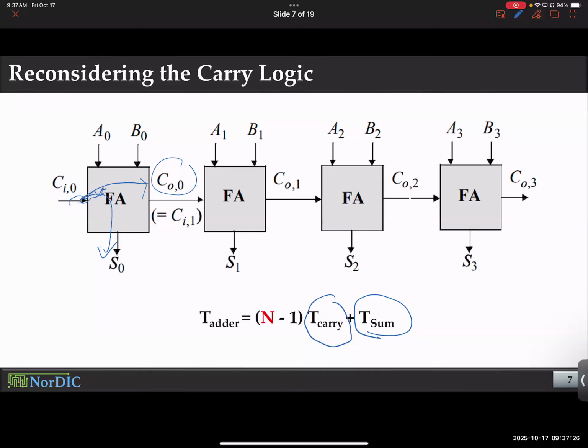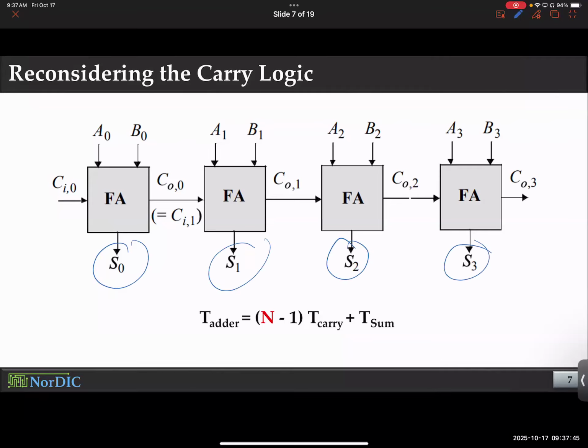Okay, notice who is the limiting factor. How long will you have to wait? Imagine you are trying to add a 4-bit number with another 4-bit number. When can you say that your addition operation has completed? When all 4 sum bits are available and the final carry out is available. Do you all agree?